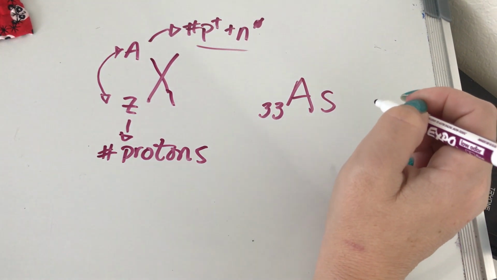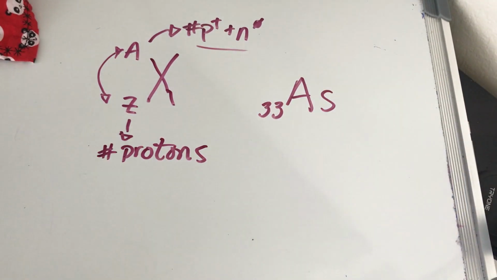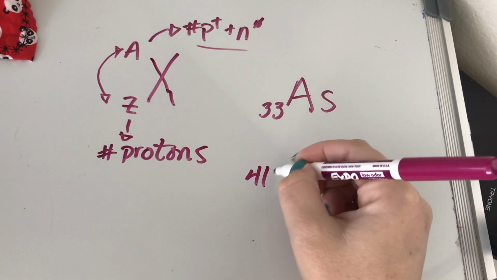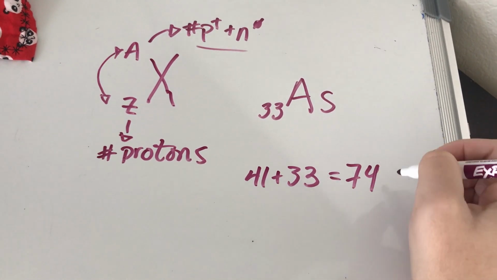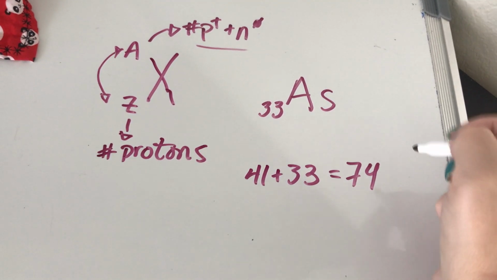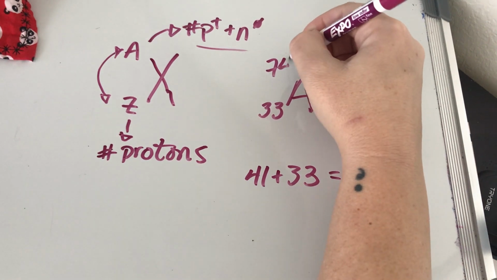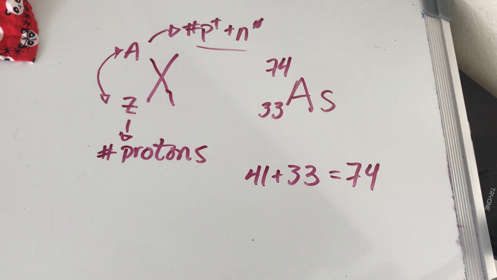And our number of neutrons given is 41. So 41 plus 33, 74. Yeah. So that's what we put up there.